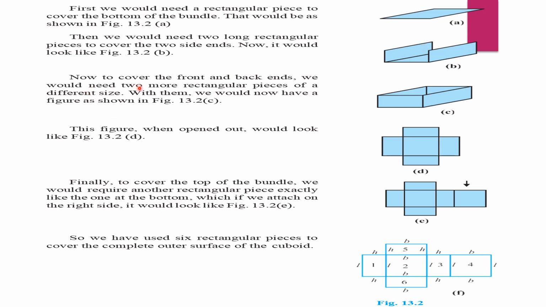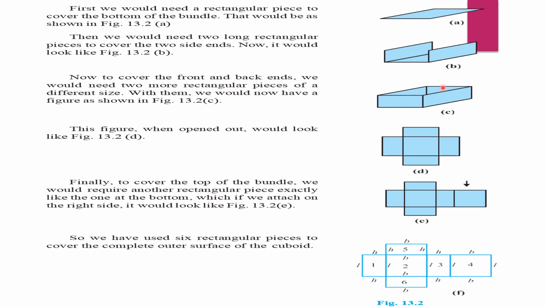Right. Now to cover the front and back ends, we would need two more rectangular pieces of a different size. See here, my children. To cover this side and this side, front and back. With them, we would now have a figure as shown in figure 13.2c, like this.